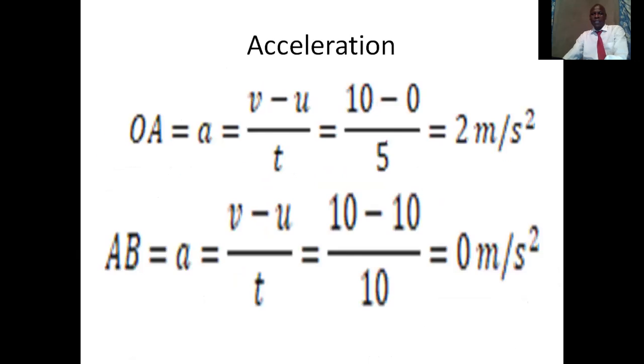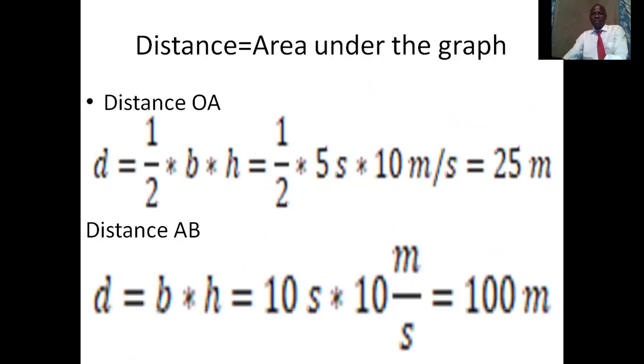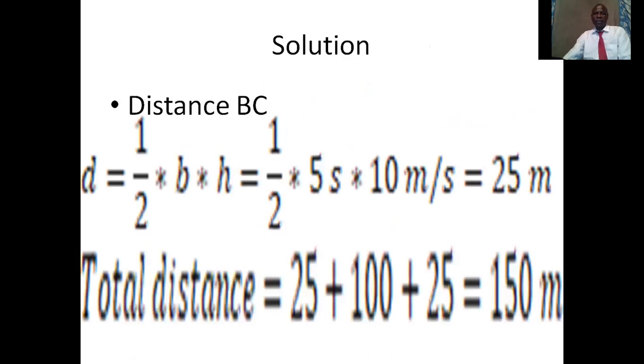Even though we are calculating the area, what we are getting is meters, or the distance. So the total distance will be 25 meters, plus 100 meters, plus 25 meters, which gives us 150 meters.